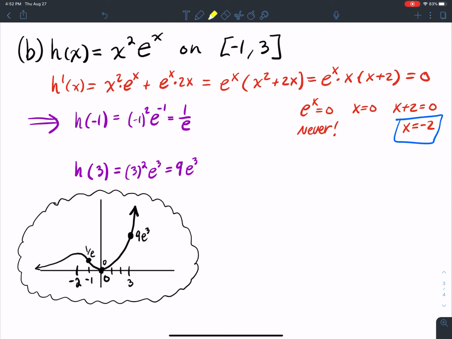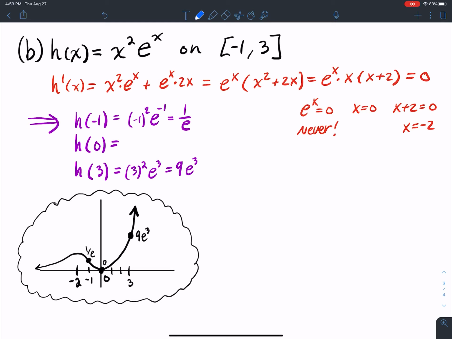We only care about numbers in this little box right here. Everything outside of that is garbage. -2 falls outside of this interval, so get rid of it. The only critical value we have is x equal to 0.